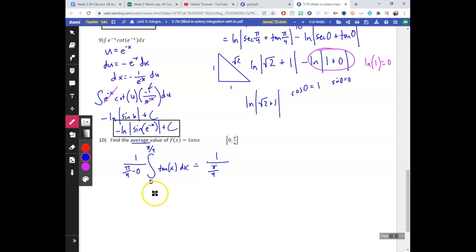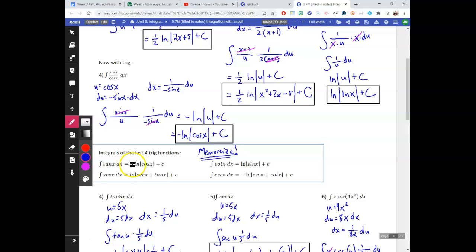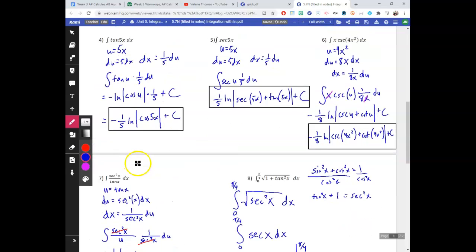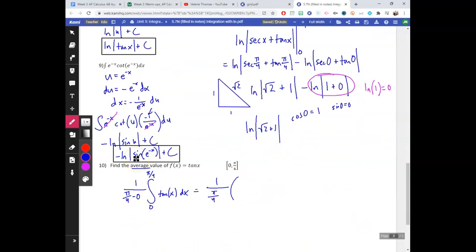And the integral of tangent, remember, is negative natural log of cosine. So times the negative natural log of absolute value of cosine of x. We don't need a plus c because we're evaluating this function from 0 to pi over 4.